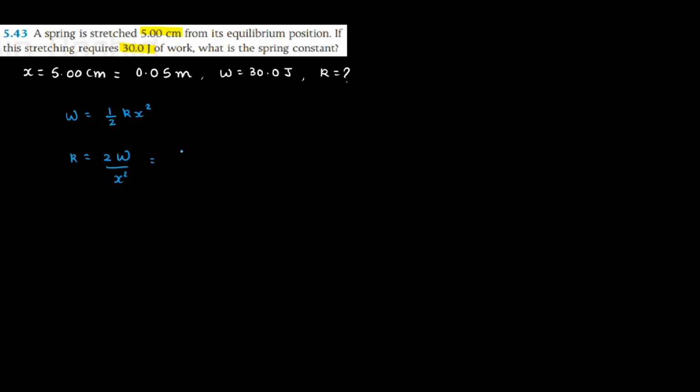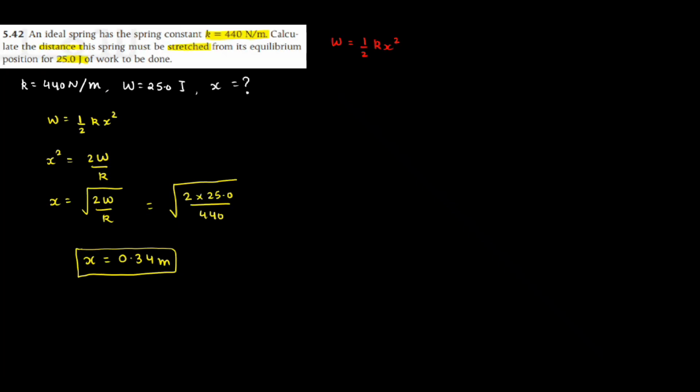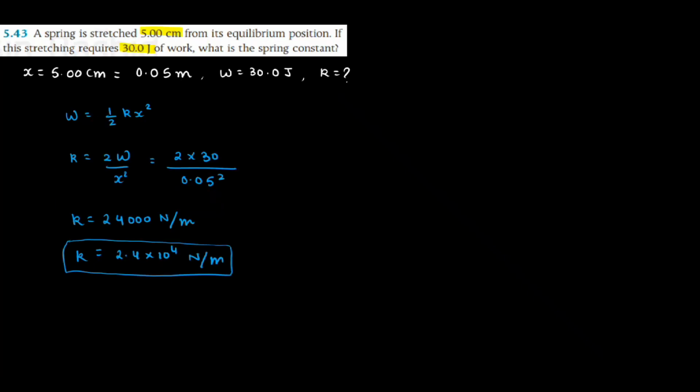When you substitute, 2 times 30 divided by 0.05 squared, that gives me the value of k as 24000 newton per meter, or 2.4 times 10 to the power 4 newton per meter. Whichever quantity the question wants you to find, you can always rearrange the terms to find either x or k.